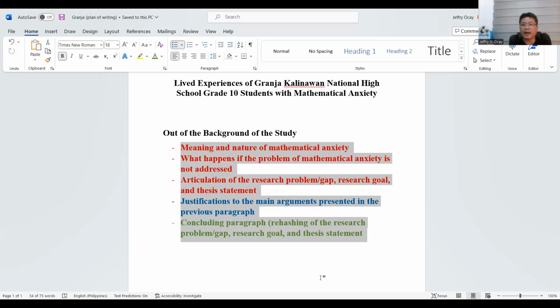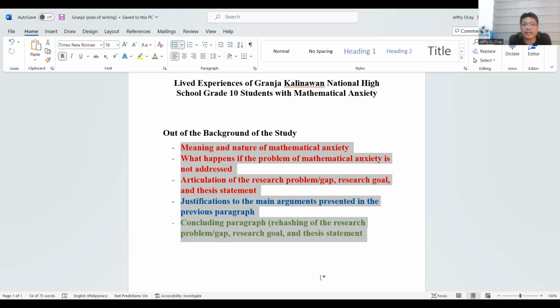And part of that is, before I gave her the go signal to start writing the background of the study, I also asked for this outline. So I asked her to submit the outline, and then we discuss it.